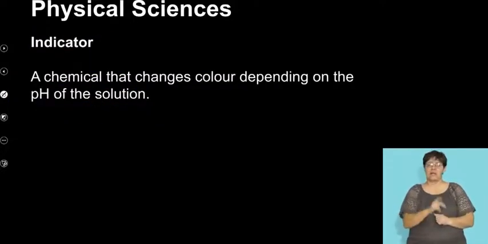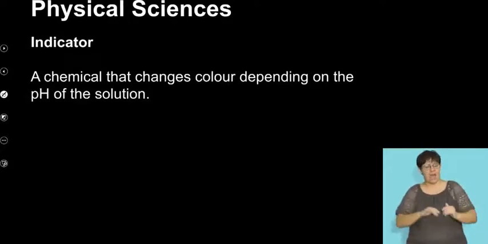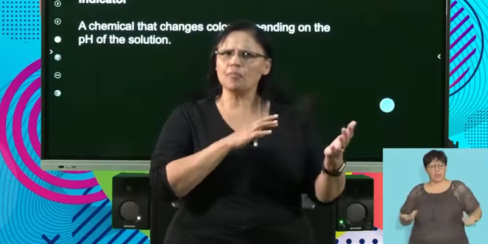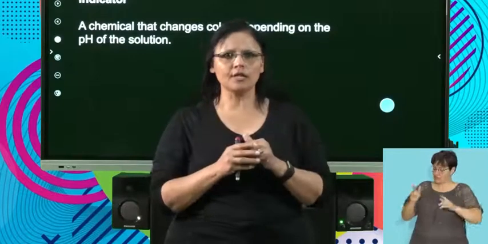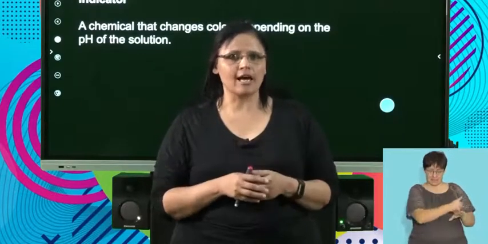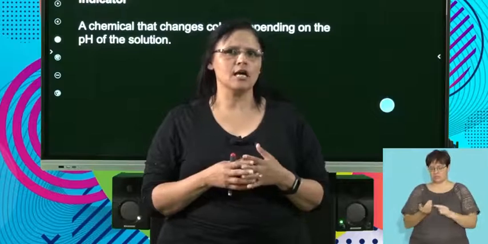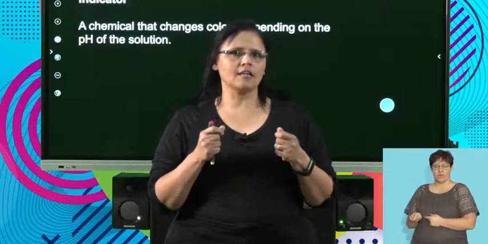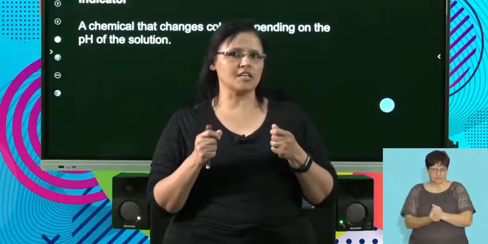For us to do a titration or to do neutralization, how will we know what's the endpoint? How will we know this is now the product? So for acid-base reactions, we use chemicals to show us that there is now a neutralization.